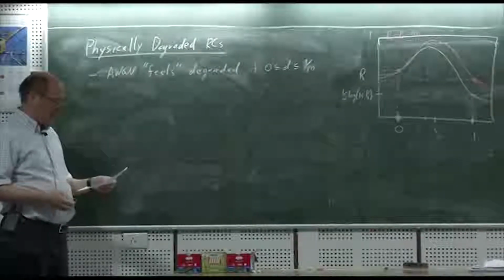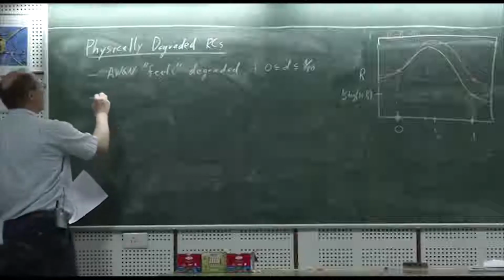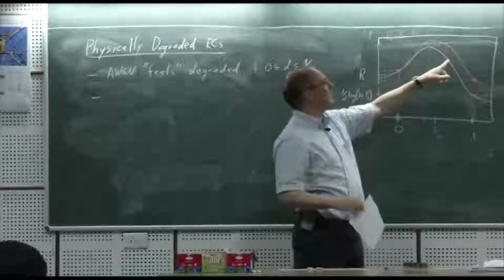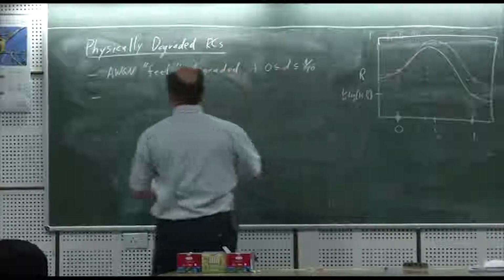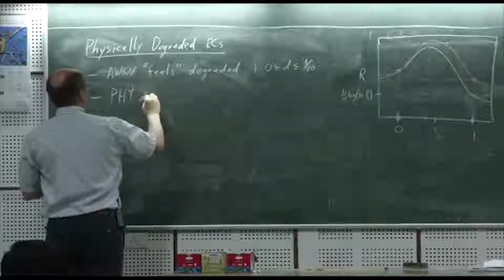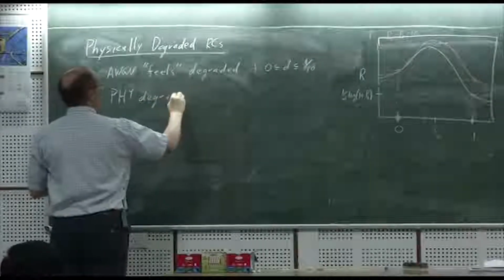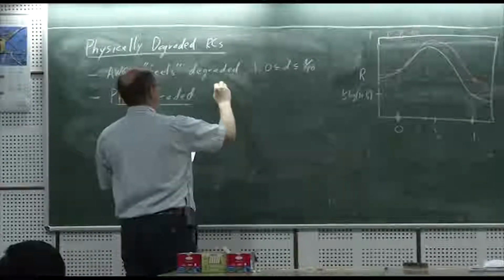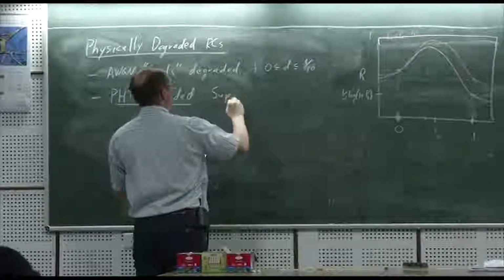Anyway, I won't say more. So, as we already see, this channel isn't really degraded in the sense that this matches that. So let's define a physically degraded channel, for which clearly the relay can decode if the destination can decode.